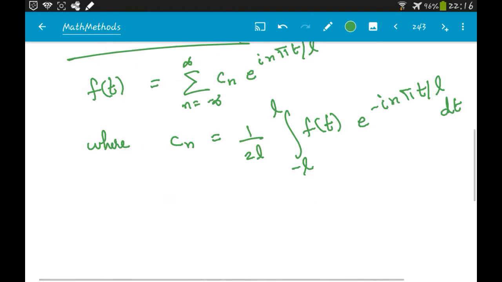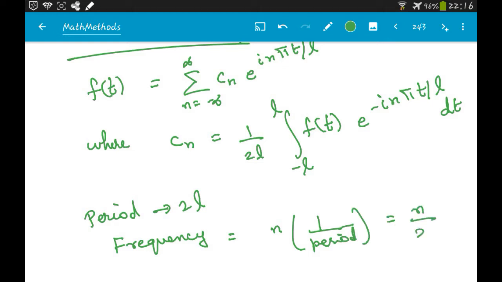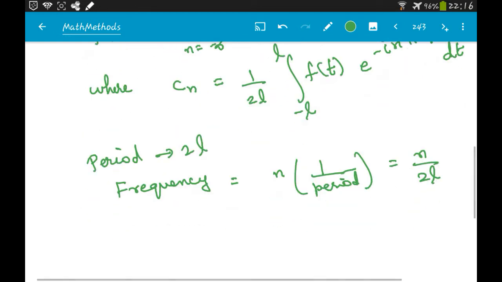So here, of course, in this function the period was 2L, and the frequency was n into 1 by period, which was basically n by 2L. So this is your frequency f.